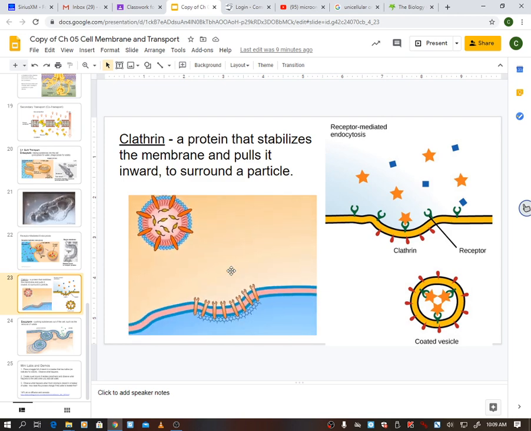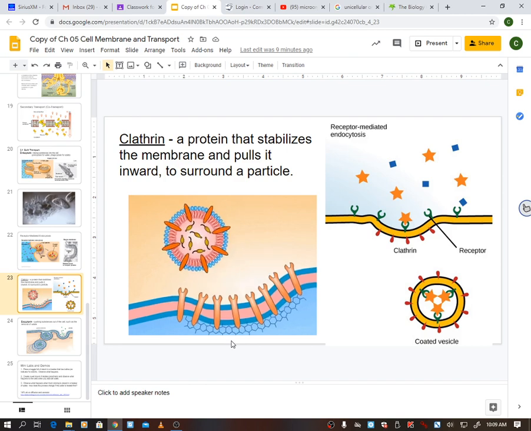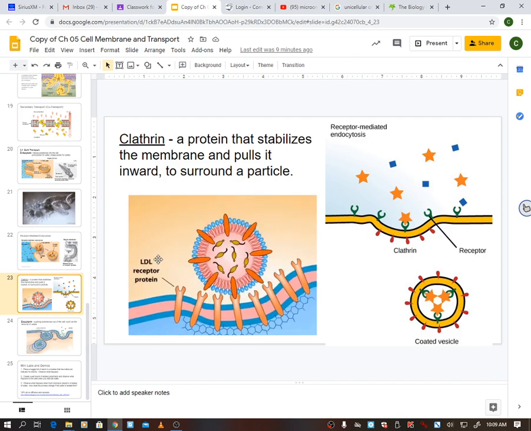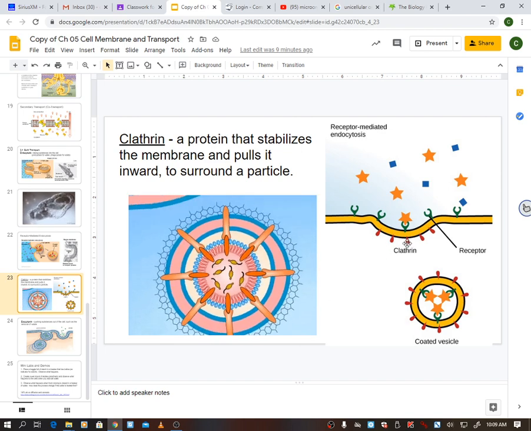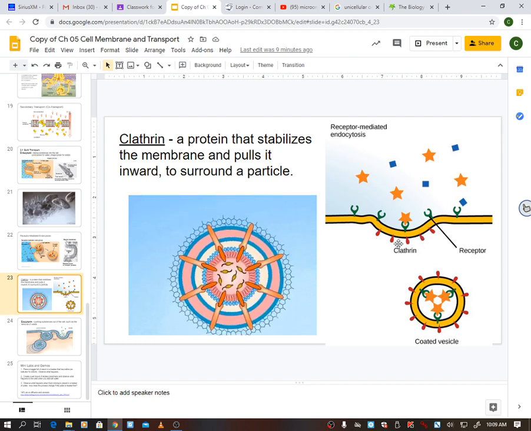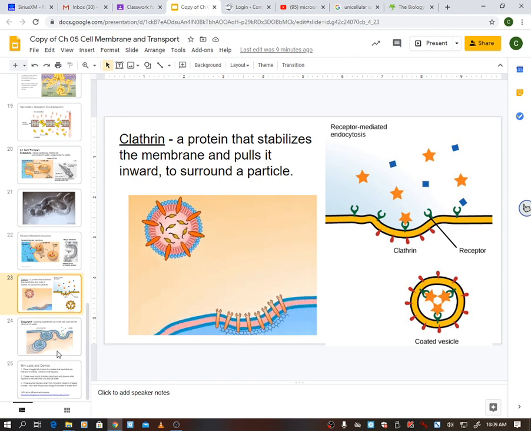So watch that again. There's the receptor protein. You can give it a second. And the clathrin is all this right here, but it helps. So you can see the little red things right here, the clathrin. And it's just a protein that stabilizes. It helps stabilizing that membrane so this can happen.